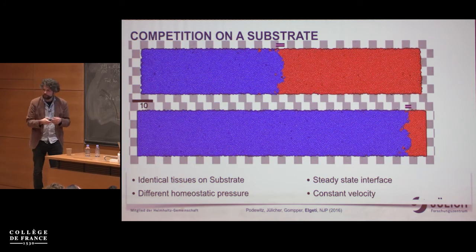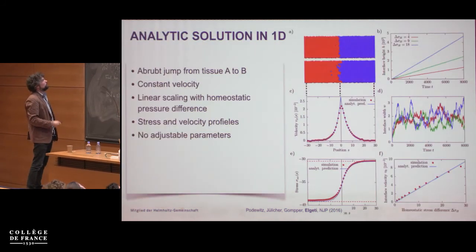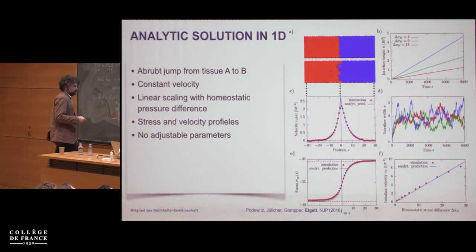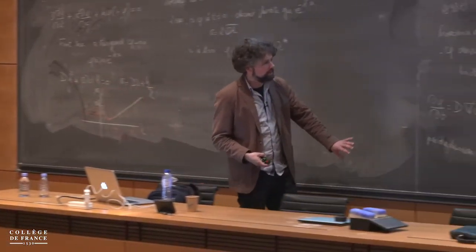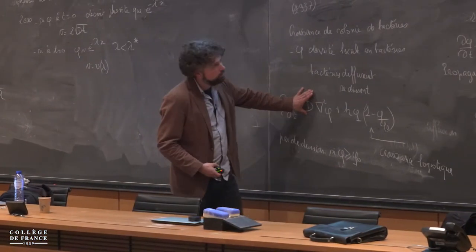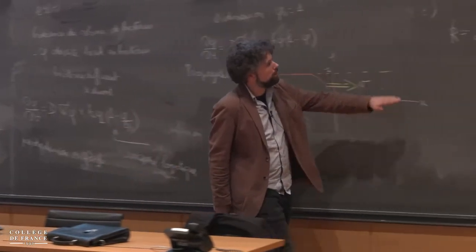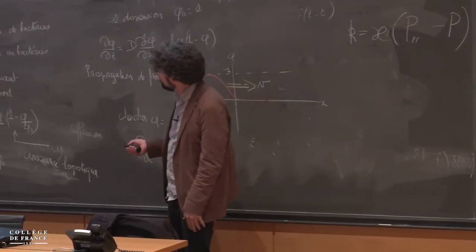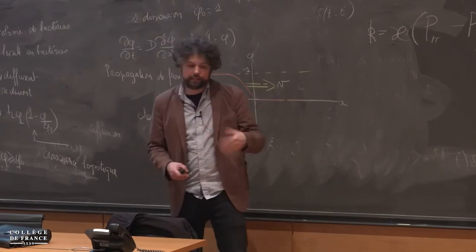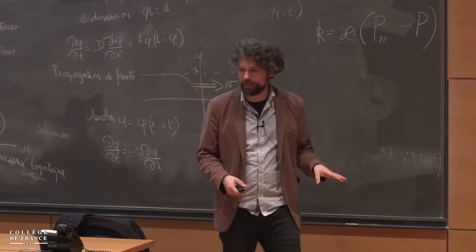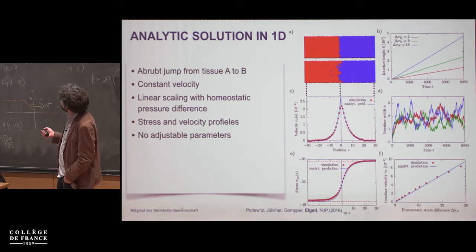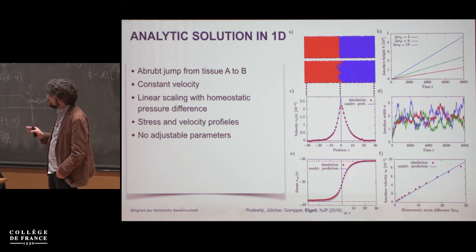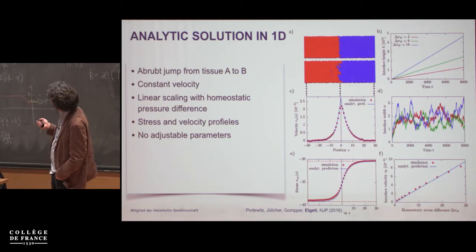The cool thing is you can combine this theory here with this guy here. And then you can even put the diffusion coefficient to 0 and you get a nice solution to the equations, without any adjustable parameters, the blue curves that you see here.